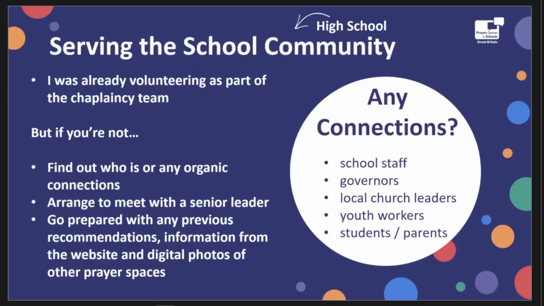So if schools haven't heard of us before, then it's a really good way, by showing pictures and telling stories of other prayer spaces that have happened, whether you've been involved with them or not. It's a great way to help leaders to understand what it is you're offering and what impact that might have on the school.